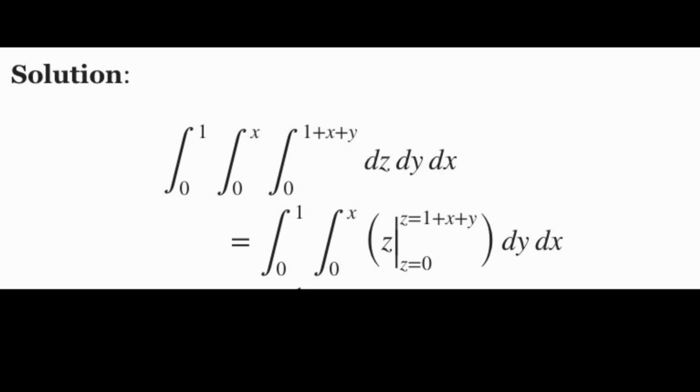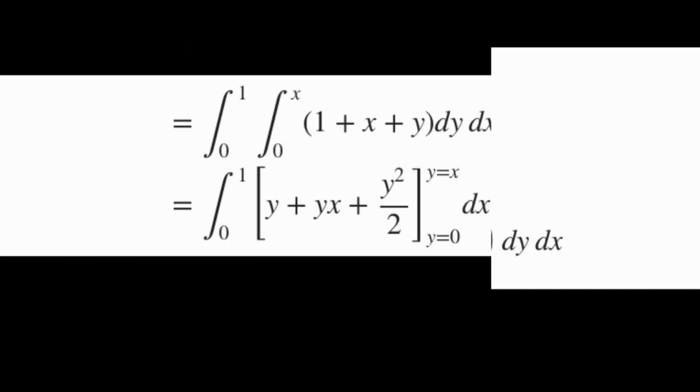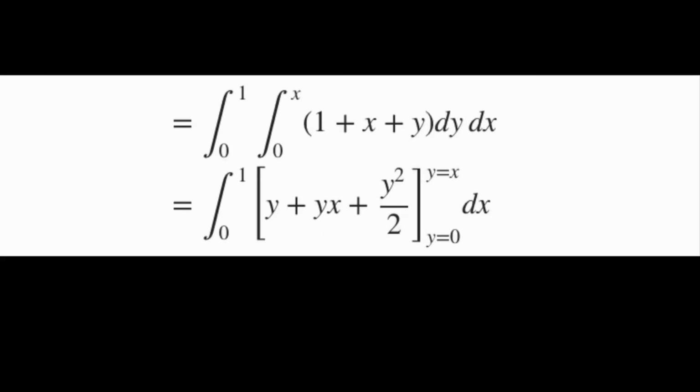Integrating 1 with respect to z will be z, with limits from 0 to 1 plus x plus y. After substituting the limits, the integral will be from 0 to 1, 0 to x, of 1 plus x plus y, dy dx.